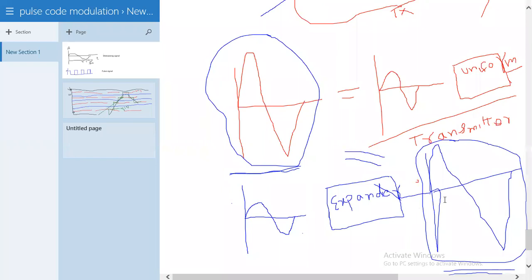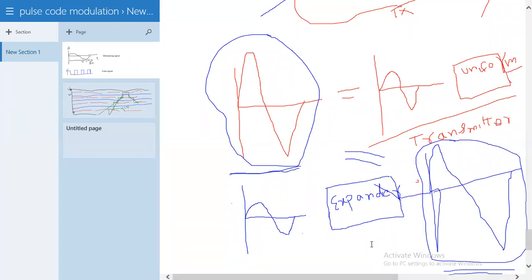Then you will get the same signal at the output of the expander. This process is called non-uniform quantization or the compounding process. Due to that, the disadvantages, the amplitude variations or deviation of the quantized signal from the original signal, can all be overcome. So this is a very, very important process for transmission of voice signals or any signals.